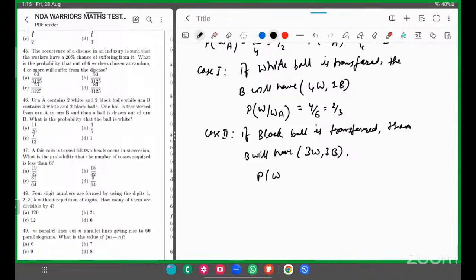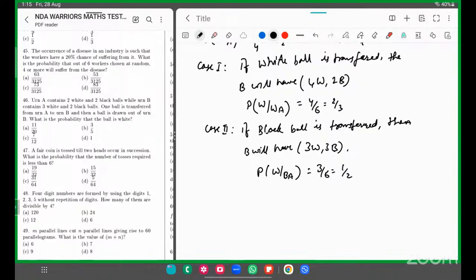Then the probability of white ball when a black ball is transferred from urn A is 3 by 6, that is 1 by 2.